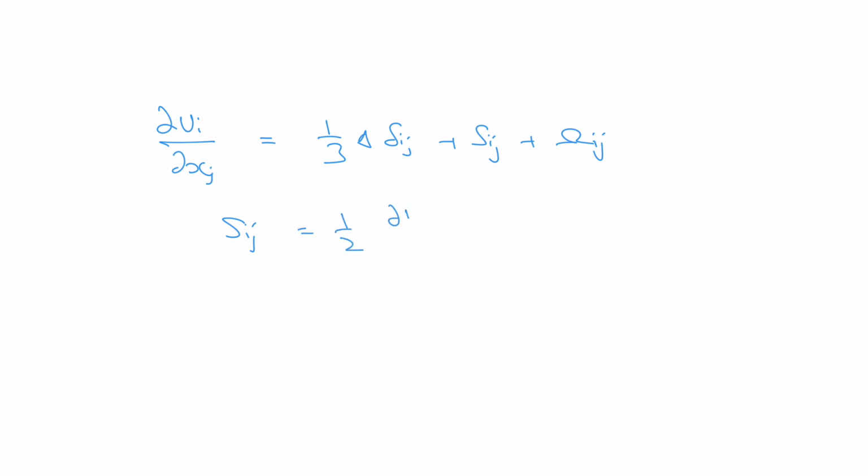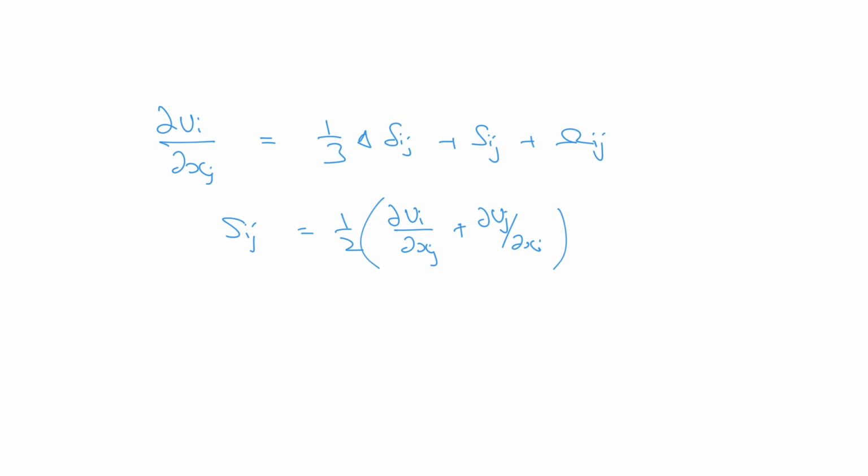Before going to the fourth property, let me invoke the velocity gradient ∂ui/∂xj, which is equal to 1/3 δij plus Sij plus Ωij, wherein you know that δij is the isotropic part, that is the diagonal of a matrix which is 1 1 1, and Sij, you know that we have written this, the average of ∂ui/∂xj plus ∂uj/∂xi.